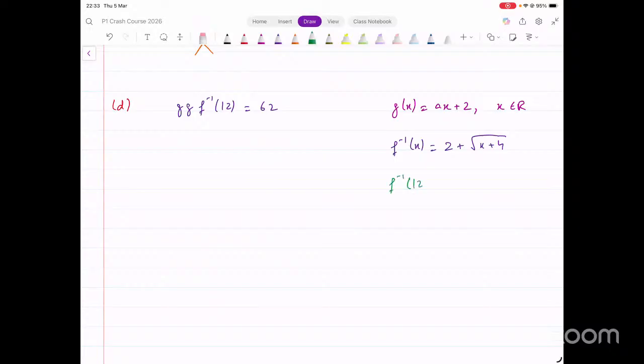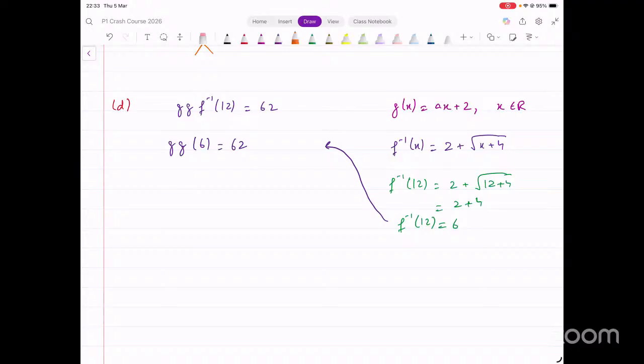That will be easier. 2 plus square root of 12 plus 4. What do we get from that? Square root of 16. What's that going to be? 4. So that's 2 plus 4 and that is 6. So f inverse of 12 is equal to 6. Okay, what that becomes is g of 6 equal to 62.